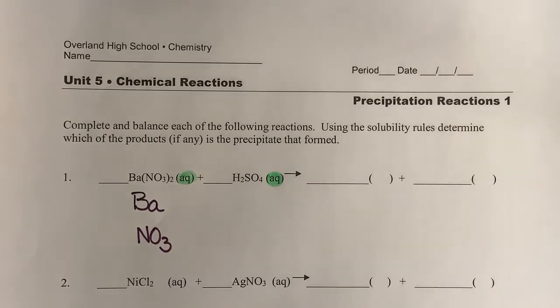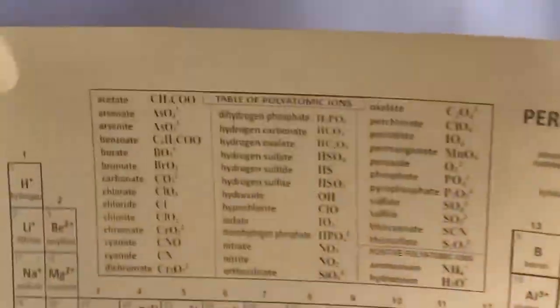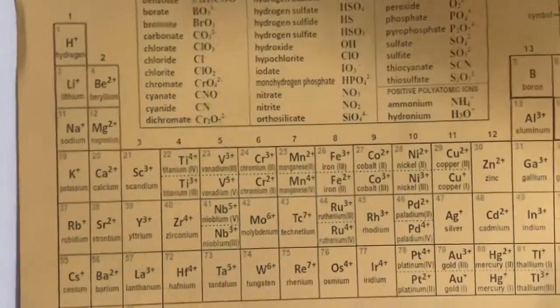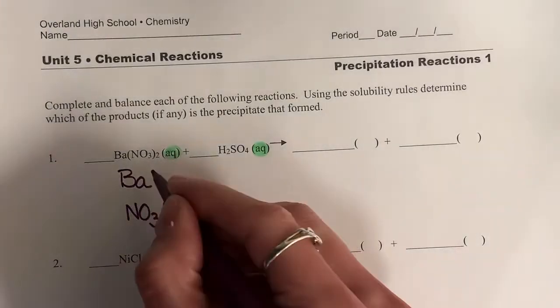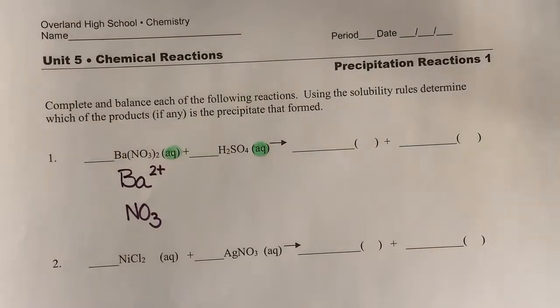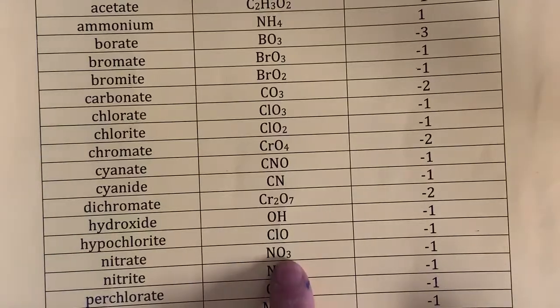Now these are ions, so it's important that I know their charge. So if I look, Ba has a charge of +2. NO3 has a charge of -1.